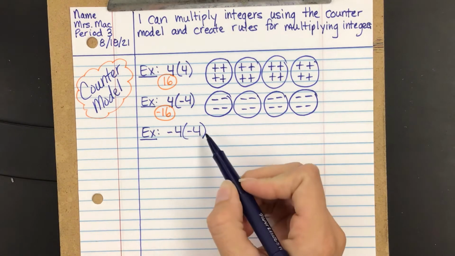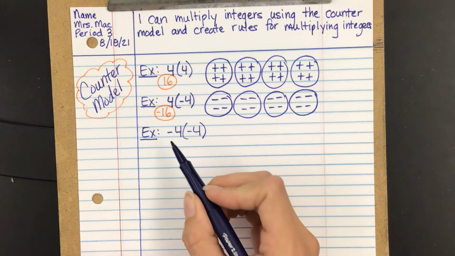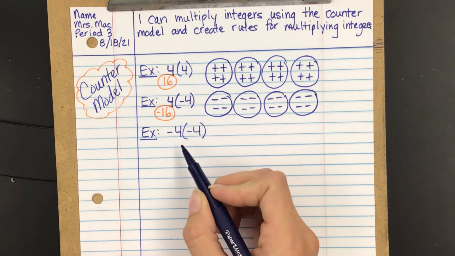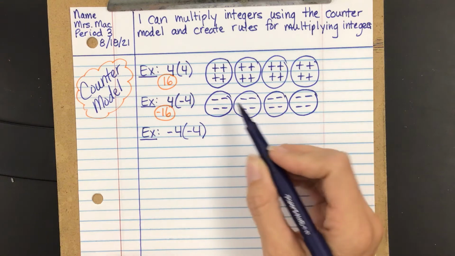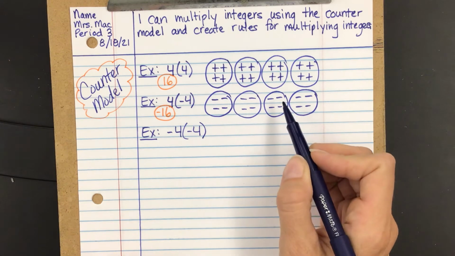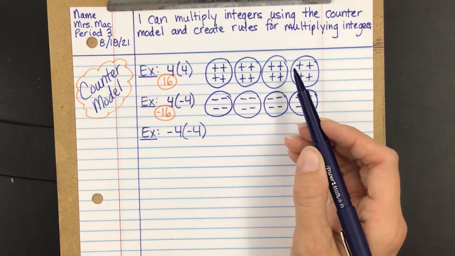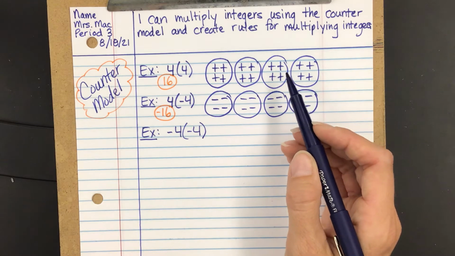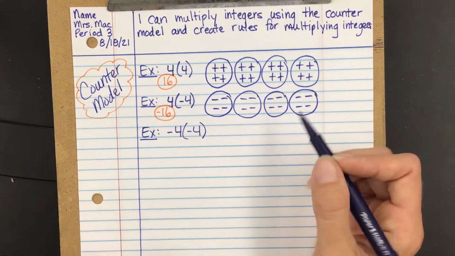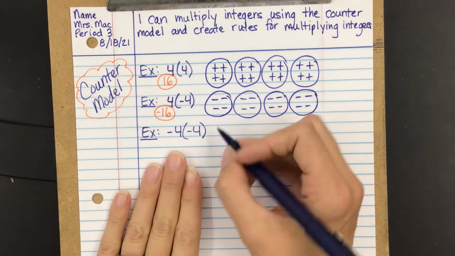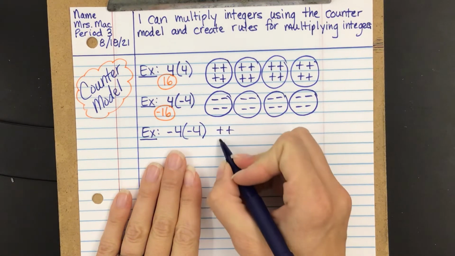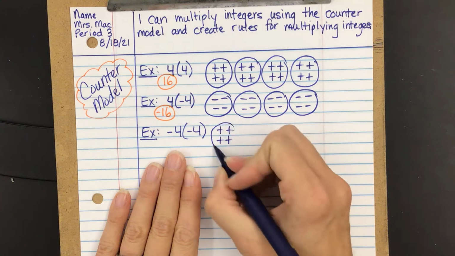Okay, so when I read this problem, I'm thinking the opposite of 4 groups of -4. Well, this was 4 groups of -4. The opposite of this would be this, right? Yeah, the opposite of negative groups is positive groups. So we have the opposite of 4 groups of -4, which will be 4 groups of +4 then.